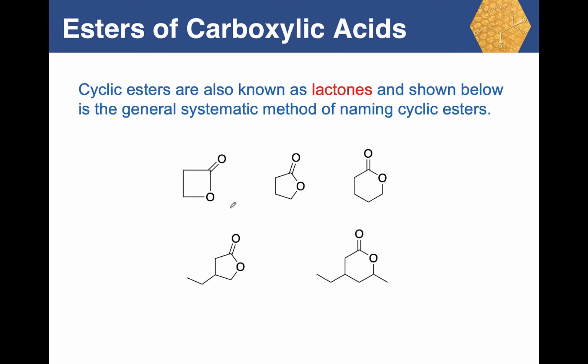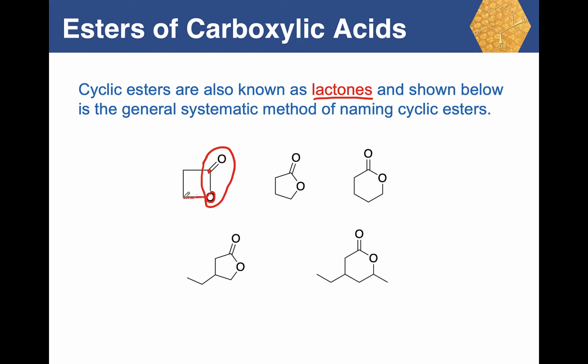It's possible to have an ester in a cyclic form, and that's known as a lactone. So that's a special name that's given to esters, which is in a ring. So here's the ester functionality. You'll recognize that because this is the carbon to the oxygen double bond and bonded to another oxygen.